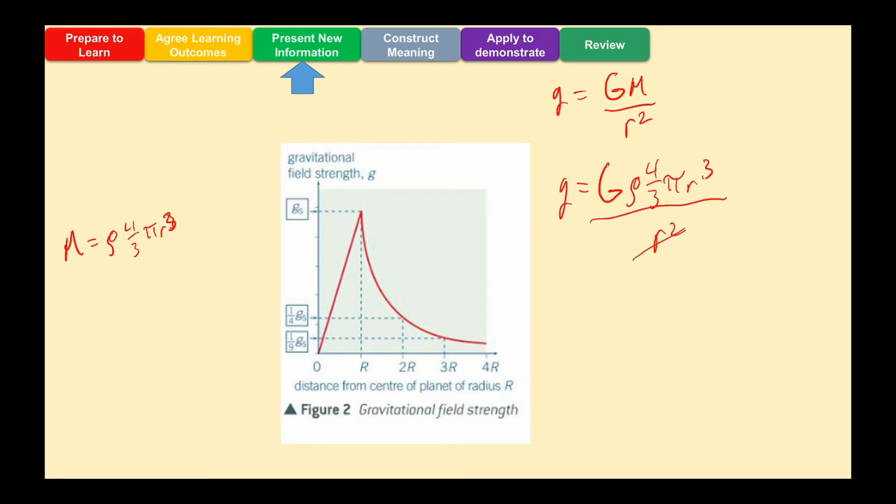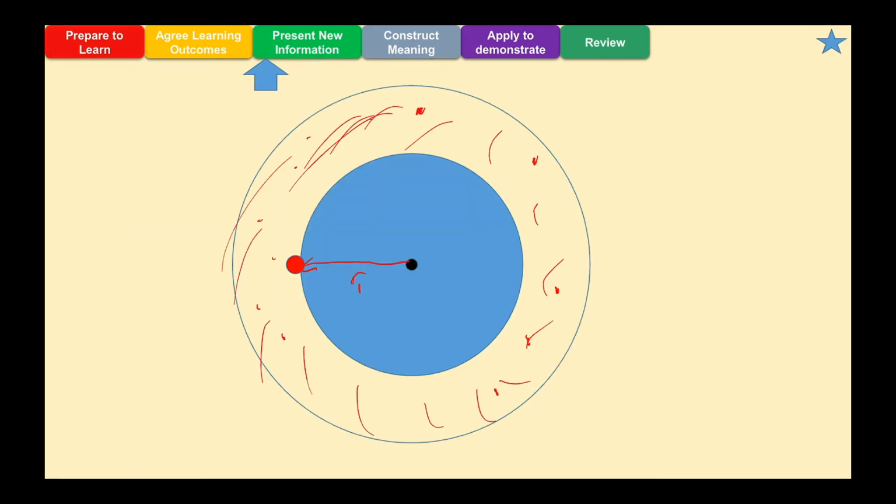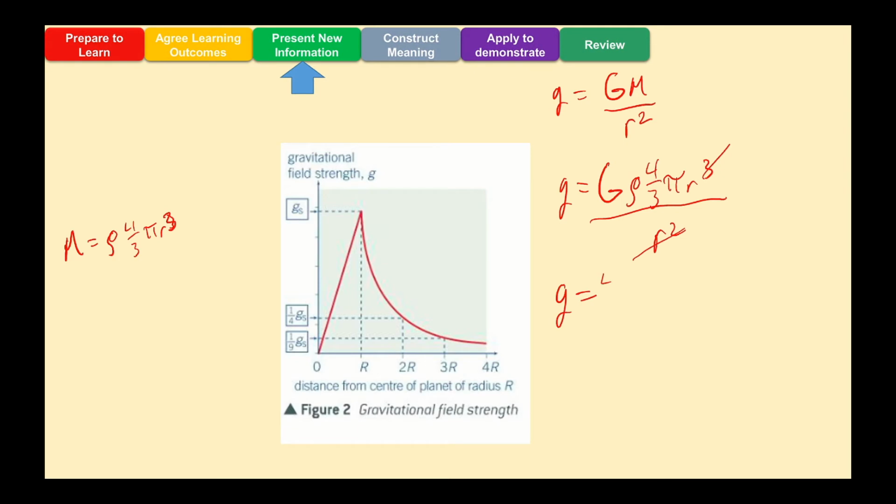Well, that r squared cancels out the r cubed, and we're just left with r. So little g equals 4/3 pi big G rho times r. And all of these are constants. It is just a function of r.